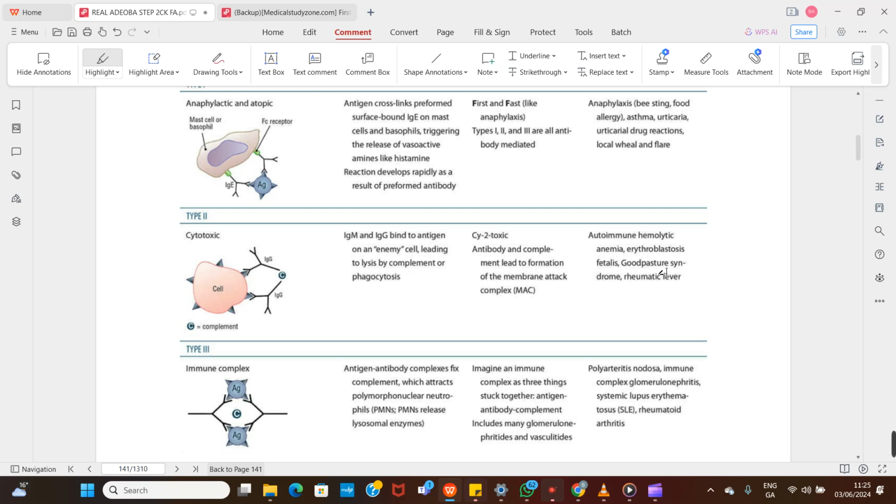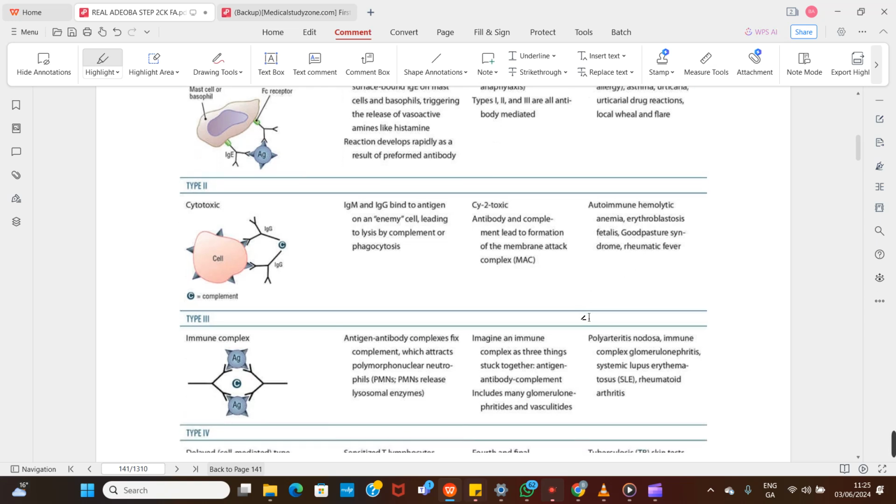Another example is the bullous lesions, the bullous pemphigoid, the pemphigus vulgaris. In all those you are underactivating the activity of desmoglein 1 and 3. So when desmoglein 1 and 3 are not functioning anymore, you have the formation of these bullous lesions because you can easily separate the intraepidermal cells. So that's that about type 2.